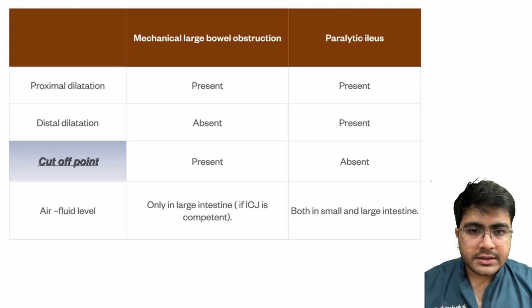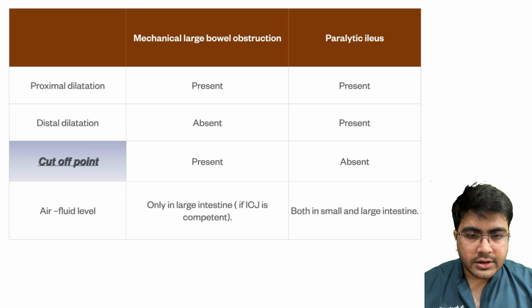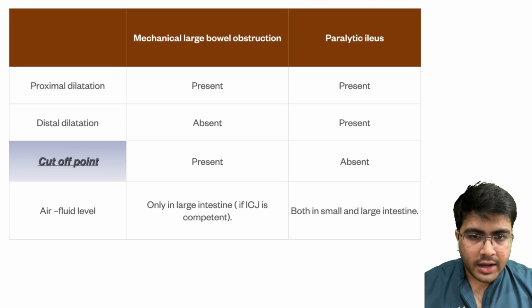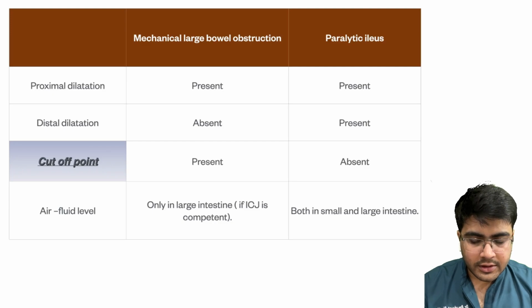The next thing which you need to differentiate is whether there is a mechanical large bowel obstruction or paralytic ileus. Small bowel obstructions are not as difficult to diagnose, but if you get a patient with distal mechanical large bowel obstruction and paralytic ileus, they look almost similar on an abdominal X-ray.